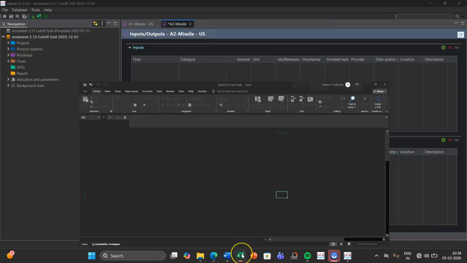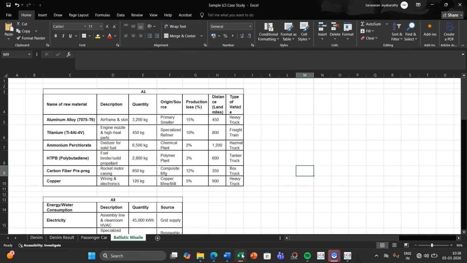Okay, what's the transport? Everything is land only. But the point here is the transport data has to be entered as ton kilometer, which means mass multiplied with the distance value. Okay, ton kilometer or kg kilometer or whatever it is. Okay, so here we have kg. Let us remove that just to multiply them.